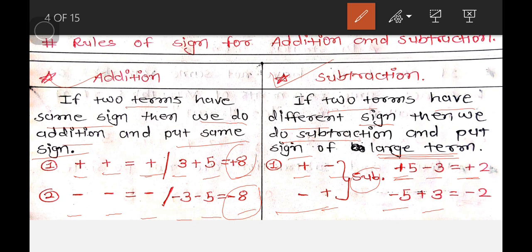Here you can see that both terms have different sign, then we do subtraction. Then we subtract 3 from 5. 5 minus 3 is equal to 2, and here 5 is the large term, then we put minus sign here. So it was the rule of sign for addition and subtraction that you have already studied.